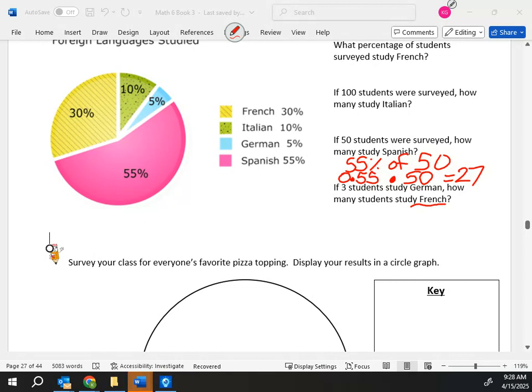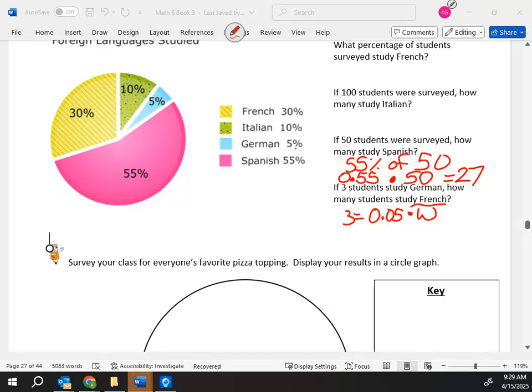So the way we do this is we need to figure out what our total number of students are. So we know that 3 students equal 0.05 times that whole number. We don't know what our whole number is.